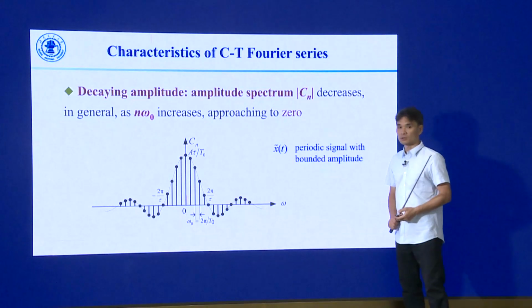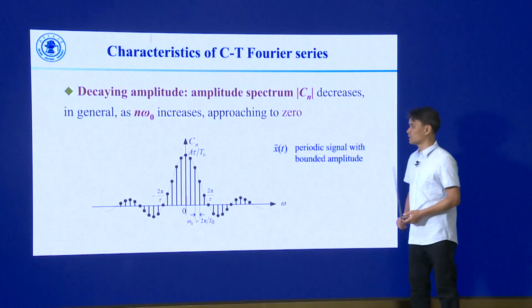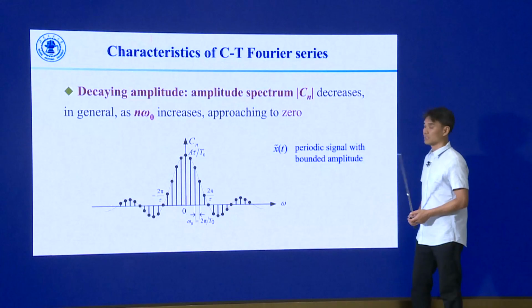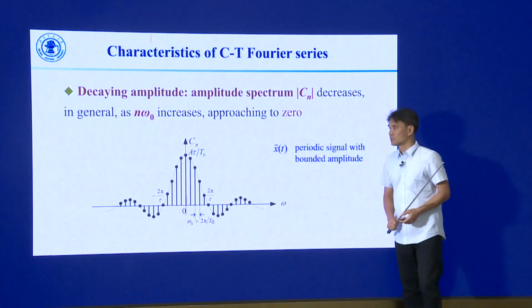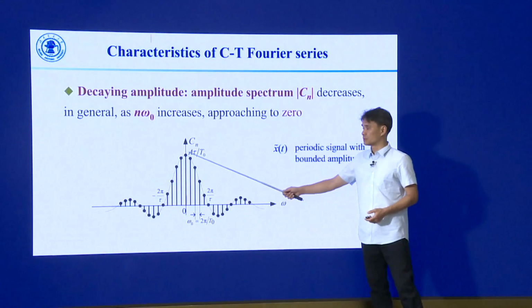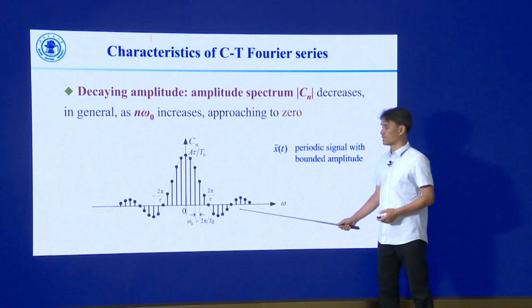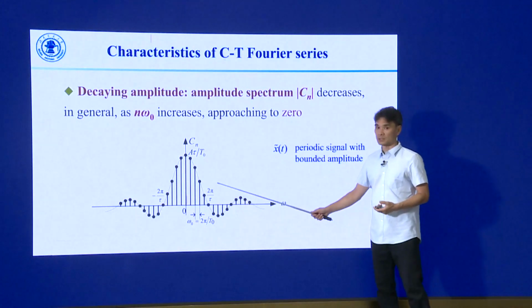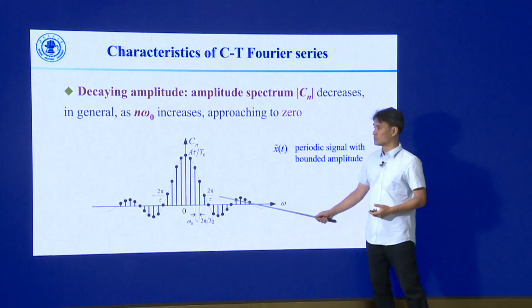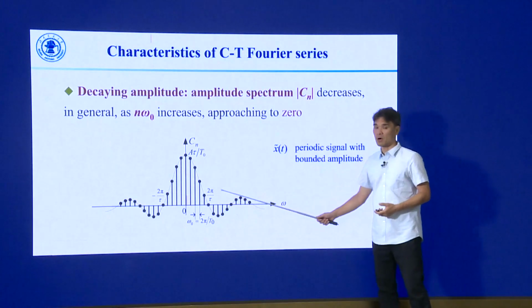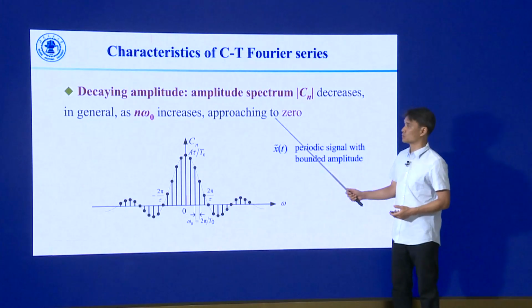The second characteristic is that for any periodic signal with bounded amplitude, the magnitude of the spectrum in general is decaying. In other words, the amplitude is getting smaller and smaller, approaching 0.